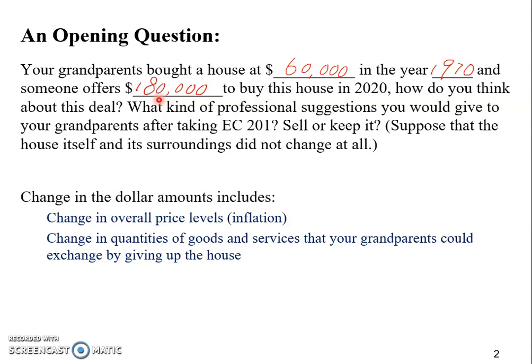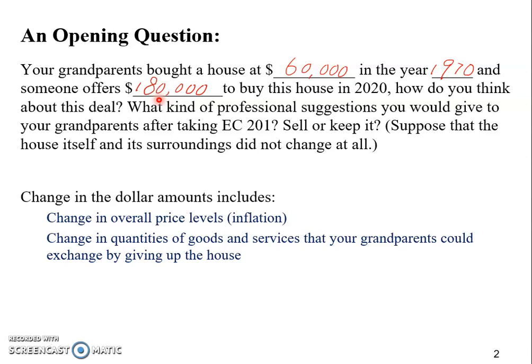If they would be able to do these and even more, they can even purchase more, then this is a good deal. The offer can help them exchange the same thing and even more. If they can't purchase the same thing they could purchase in 1970 with the original price, then this is not going to be a good deal.